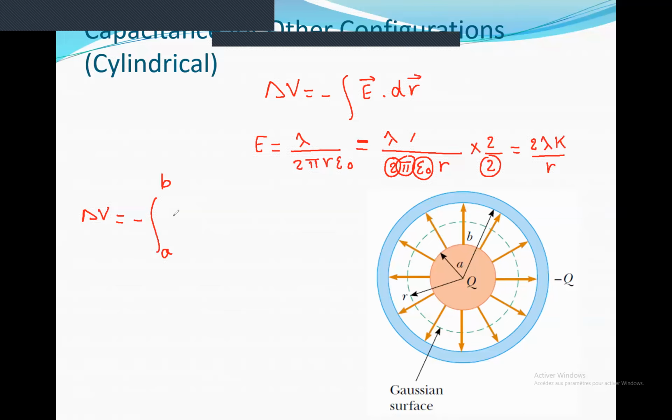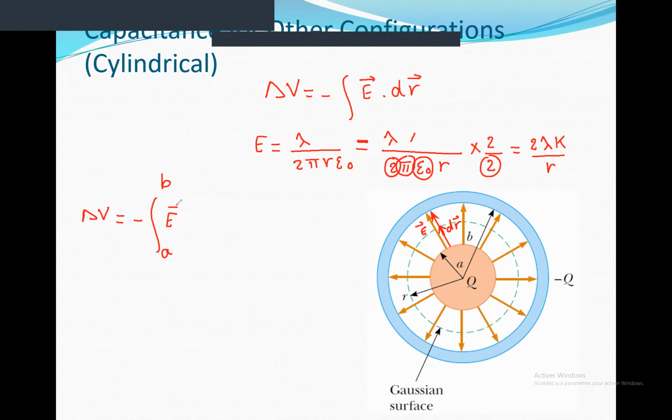Here we can write E, the angle between E and dr. Dr is the distance between A and B, like this. So the angle between E and dr equals 0. We have dr here and E here.